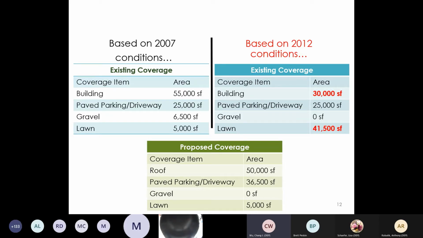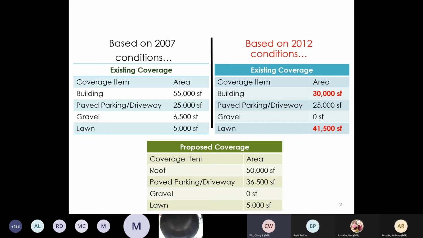And based on the aerial photo in 2012, when the buildings had been removed, you can see that the lawn area is a great portion of the site. So when those 2 years of land cover are compared with the proposed coverage, you can see the difference.